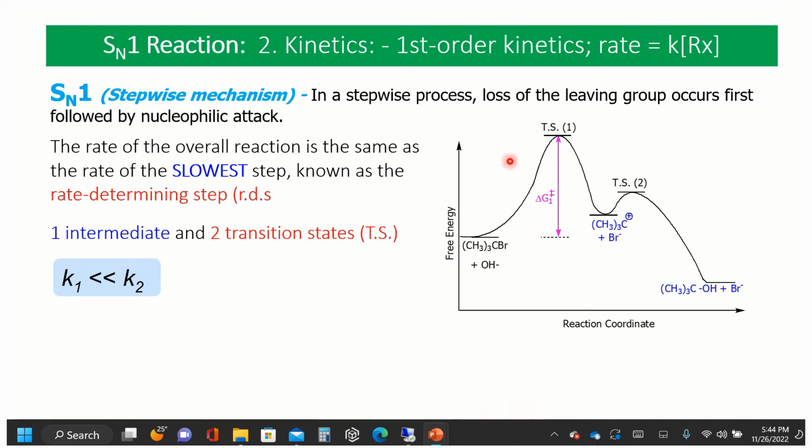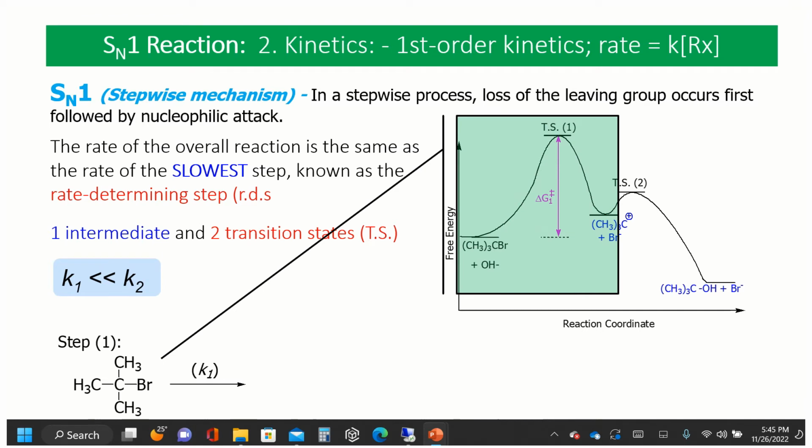So this step here, by the height of this transition state, is the rate determining step. This fellow is very small. Note, association to realize our intermediate.